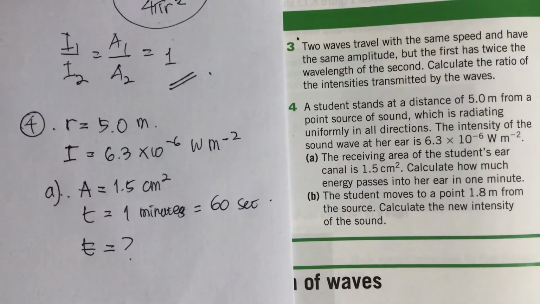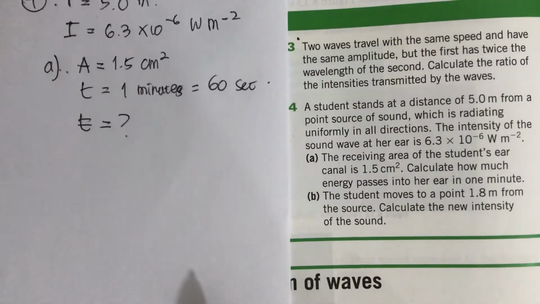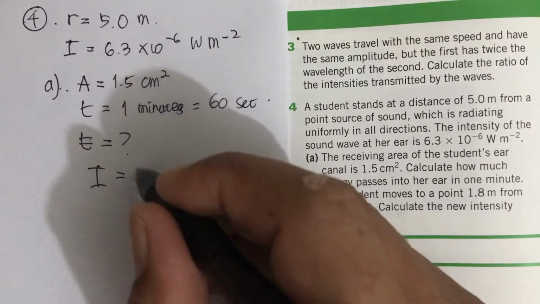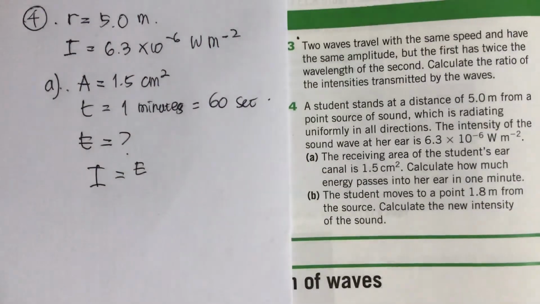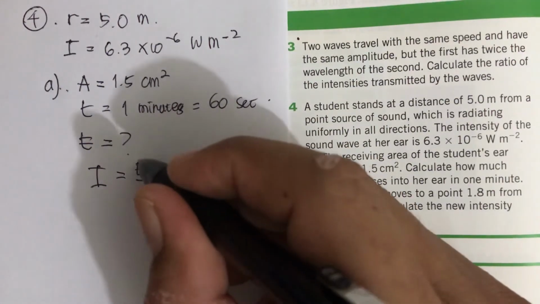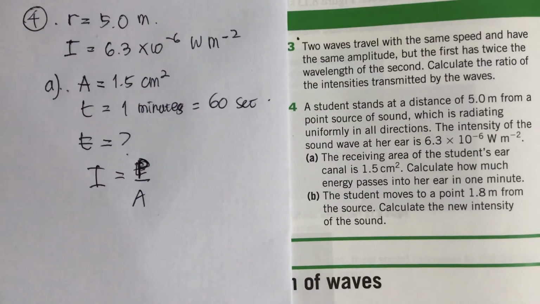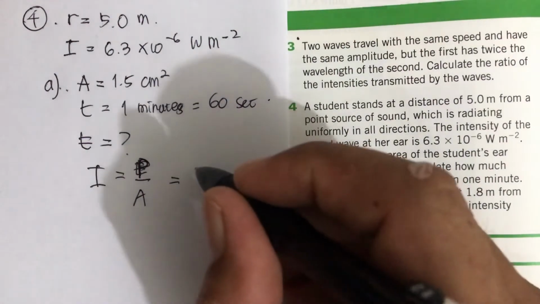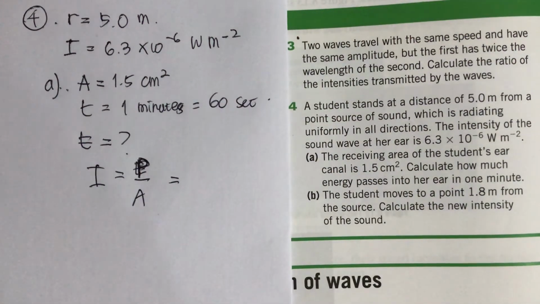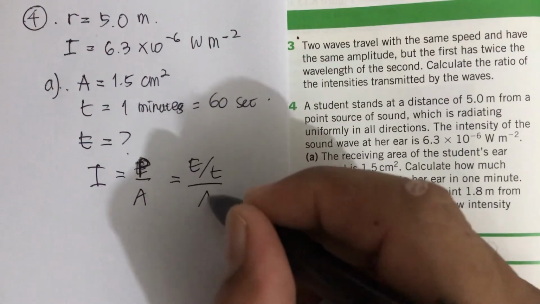I will break down the formula for intensity. Intensity is power over area, and power is joule per second, energy per time.